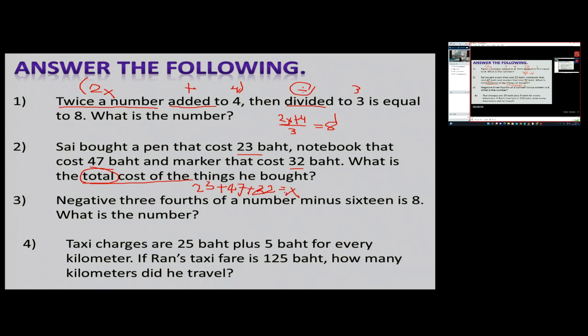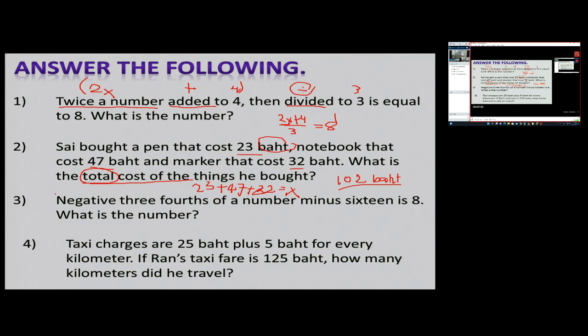Since we don't know the total, that would be your x. And what is 23 plus 47 plus 32? The answer is 102. Now, since the question is how much, 102 baht. Do not forget to put the word baht because we're dealing with how much. Okay? You need to always put the unit.